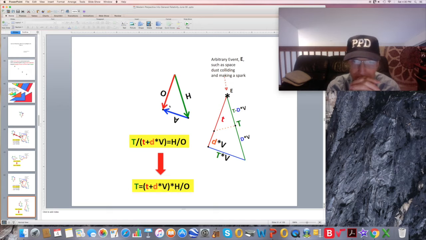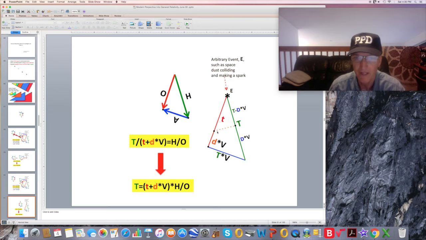Now let's see what that tells us, because we're looking for H over O, and the line T over T plus D times V is the same ratio.